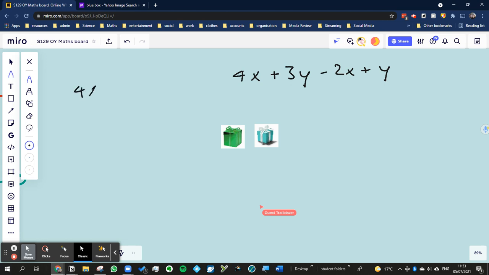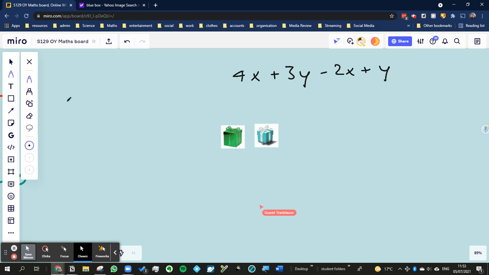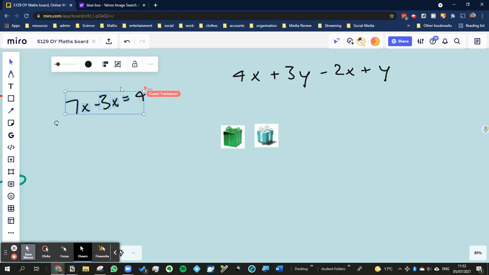For example, 4x plus 3 is equal to 7x, or maybe if you subtract 3x, so maybe you do something like this: 7x take away 3x is equal to 4, because you think, well, I've subtracted the 3 and the x, so I just end up with that. But that's not quite right. Now, neither of those two mistakes will happen if we get a clear understanding of what these algebra things mean.